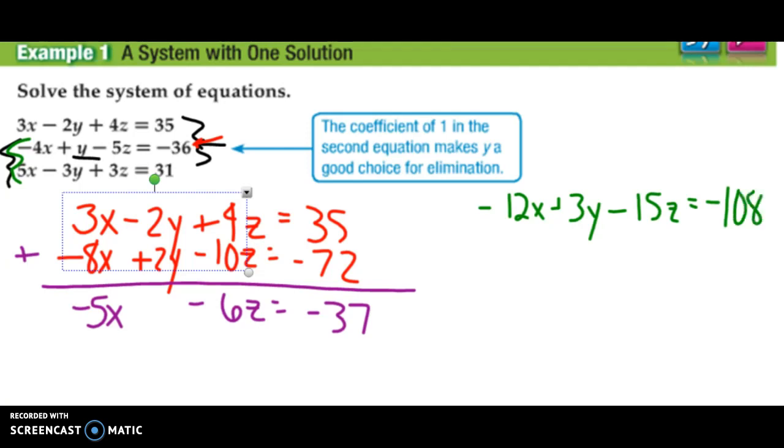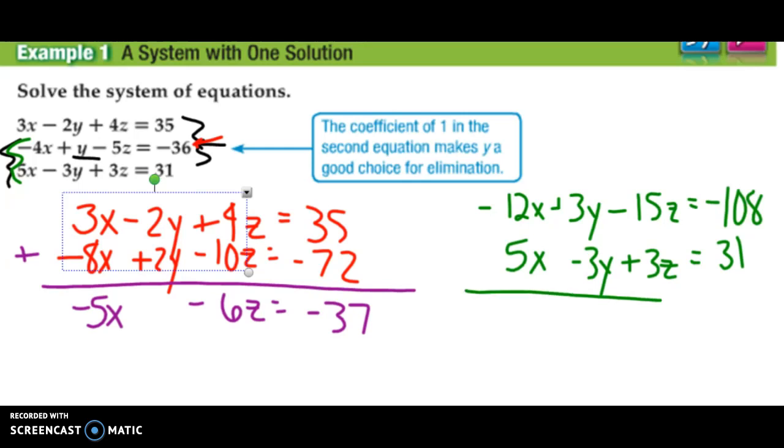And then I'm going to get 5x minus 3y plus 3z is equal to 31. And again, I can add down because I have a positive 3y and a negative 3y. So I can just add these down. And so I get negative 7x, y's go away, negative 12z is equal to negative 77.